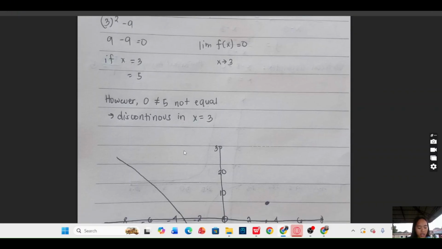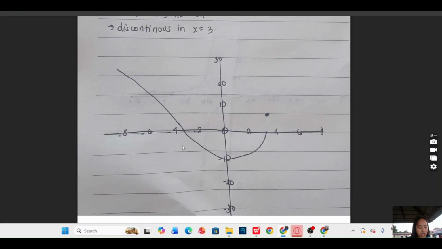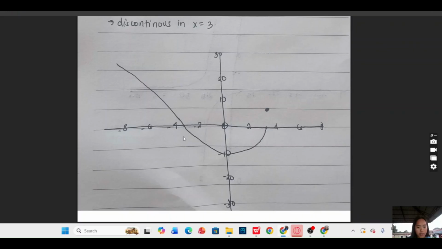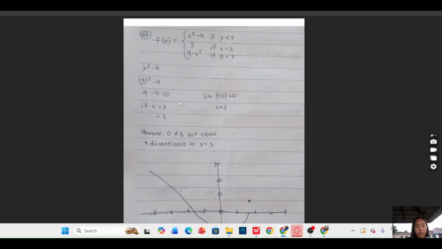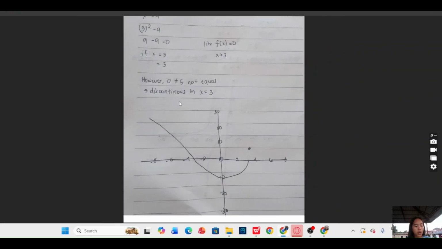Therefore, the function has a discontinuity at x is equal to 3 because the limit and the function value are not equal. So this is the graph of number 62.